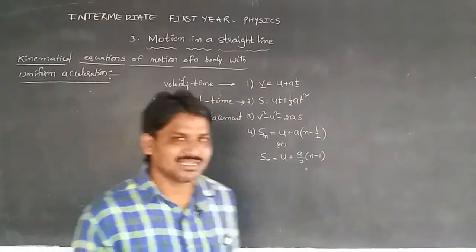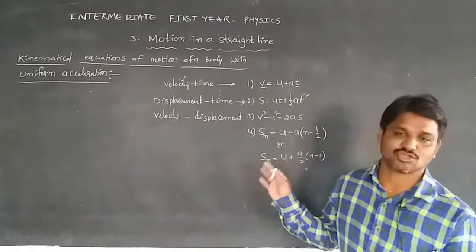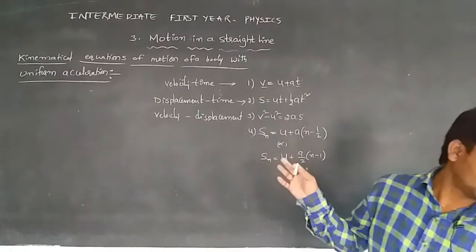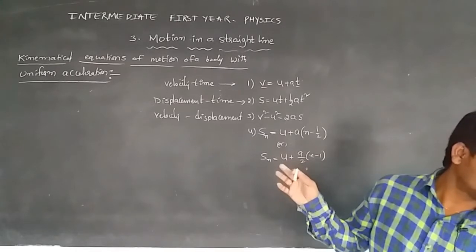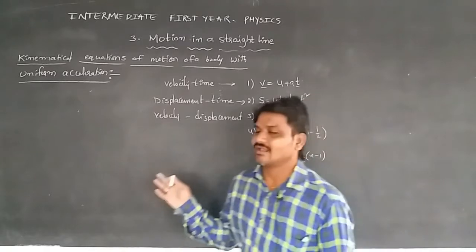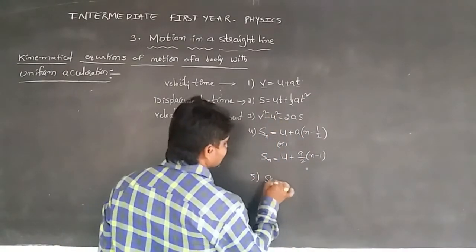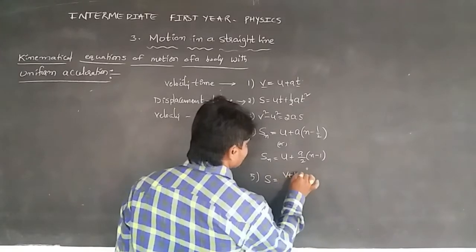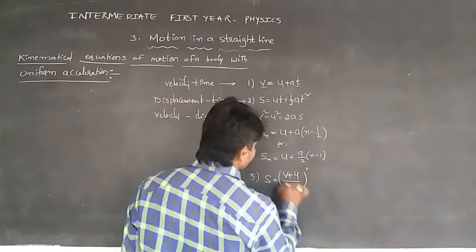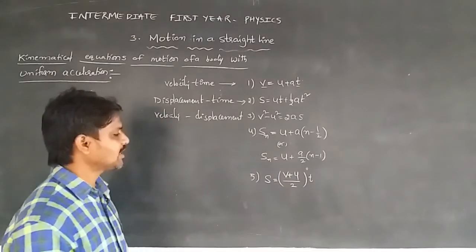There is also another relation that is useful for the stopping distance. Stopping distance means the relation between the time and the displacement: S = ((V + U)/2) × t.